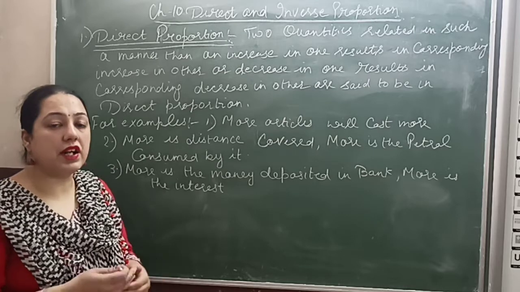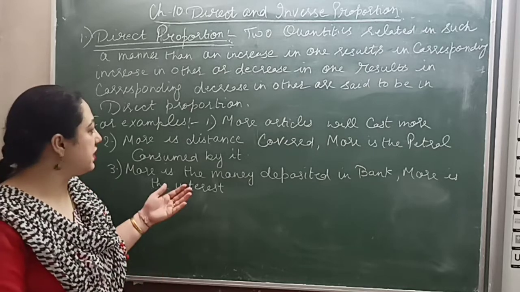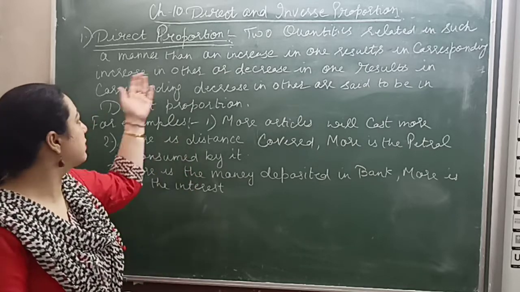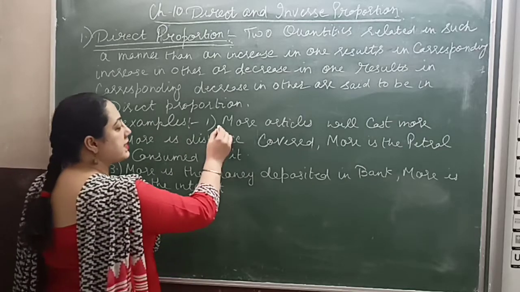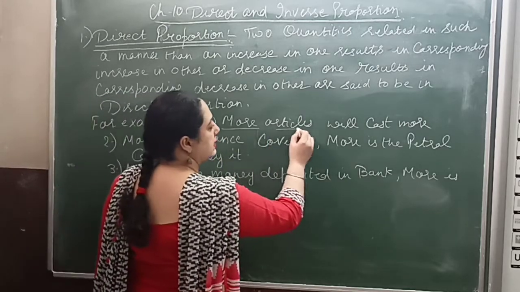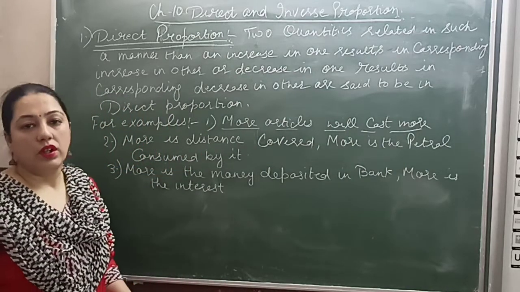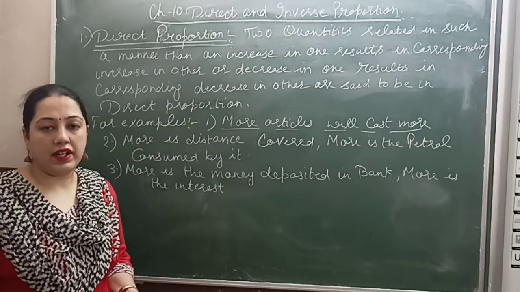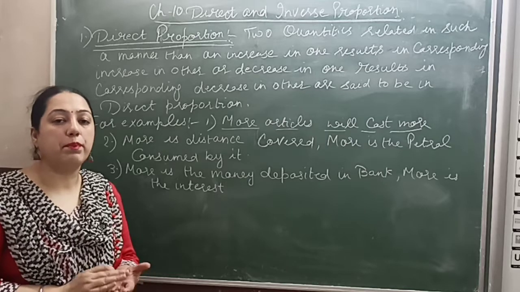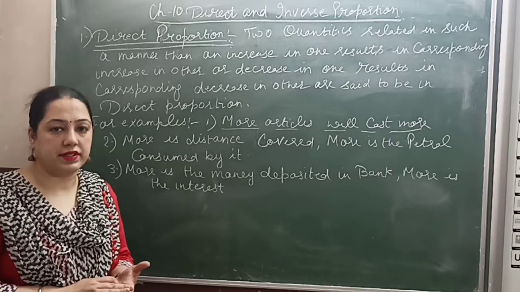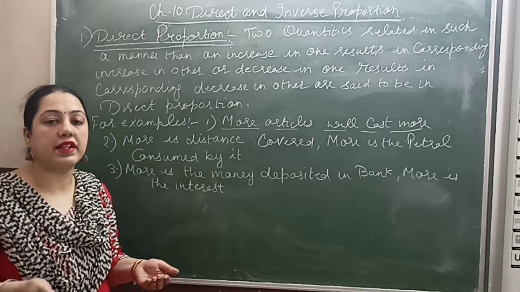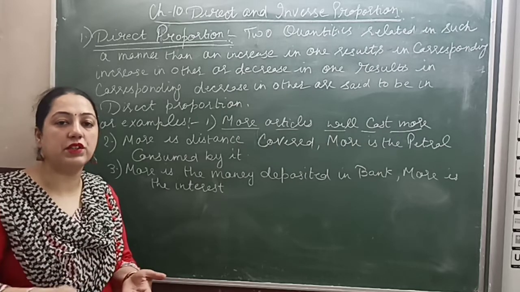In our daily life, there are so many situations which are based on direct proportion. The first example: more articles will cost more. For example, if you buy some pens, and the cost of one pen is 10 rupees, and you have to buy 10 pens, then you multiply 10 into 10.